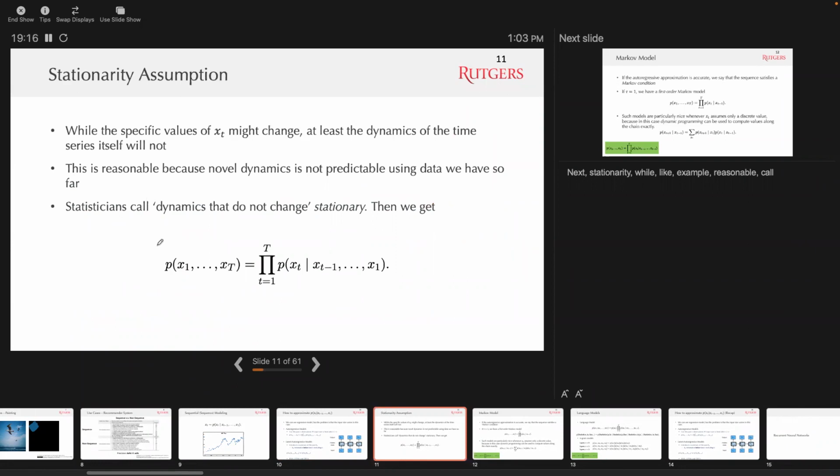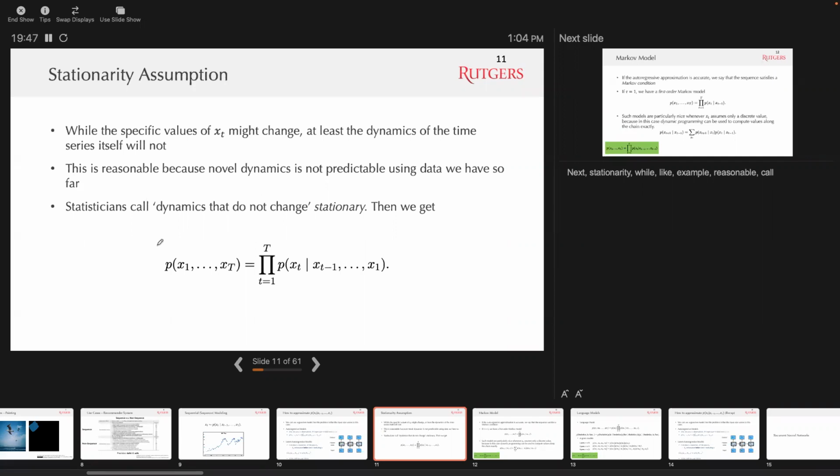Like here, x4 might be different from x3, but the relation between x3 and its previous two observations is the same as the relation between x4 and its previous two observations. So this assumption says that the dynamics itself is stationary.